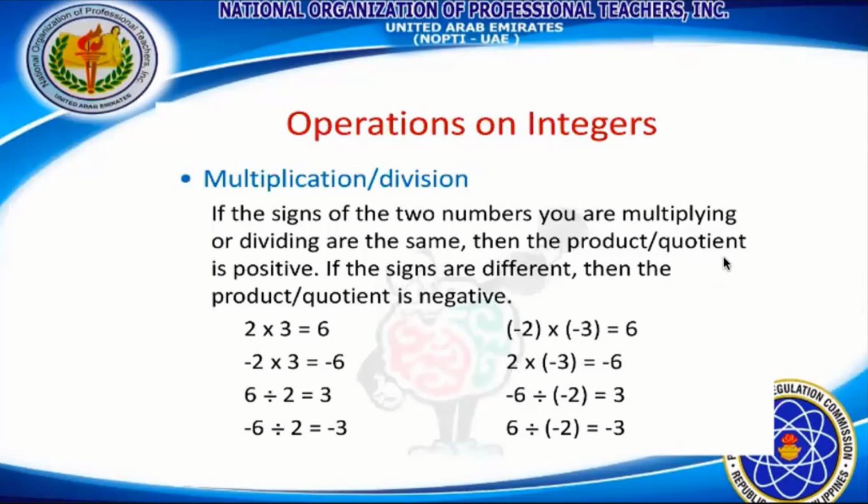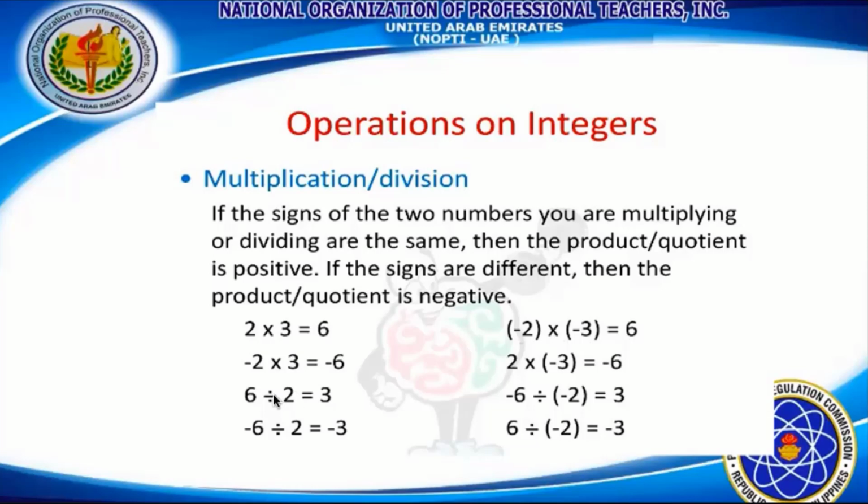Just proceed to multiplication operation as is. Okay? For example, 2 times 3, 6. Kasi pareho silang positive. Pag pareho namang negative, negative 2 times negative 3, positive 6 pa din. Kasi pareho ang sign. So, same or like signs, the answer is always positive.